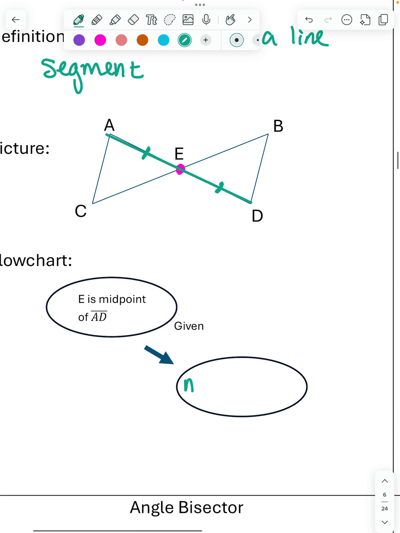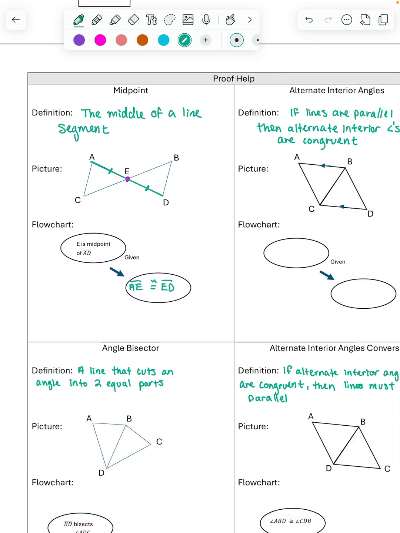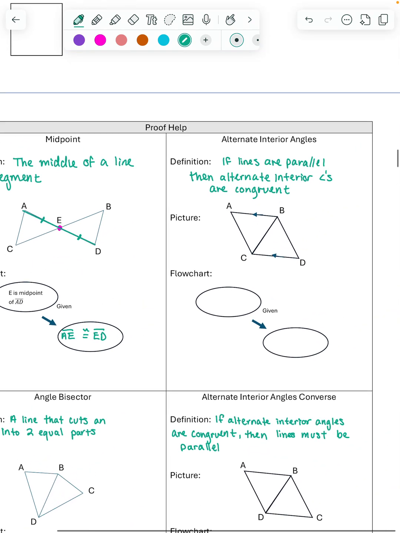It's the middle. So this would be enough to say AE is congruent to ED. So when you see that you are given that E is the midpoint, you should be automatically thinking that that means that cuts a segment in half.